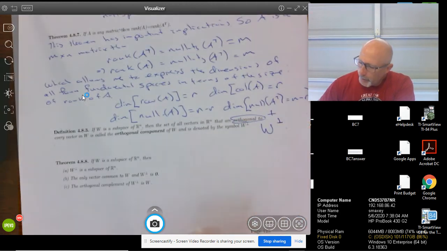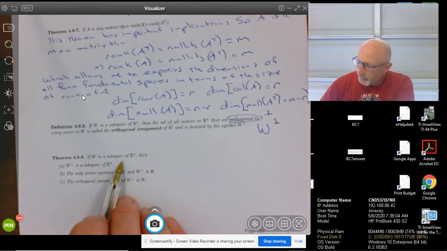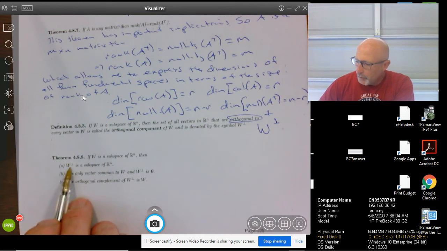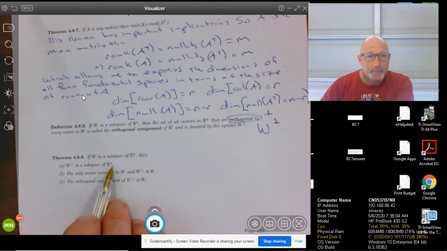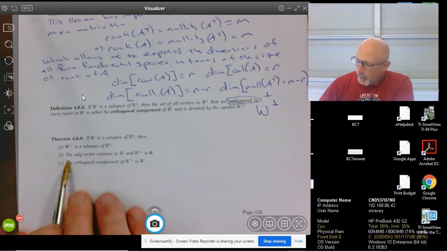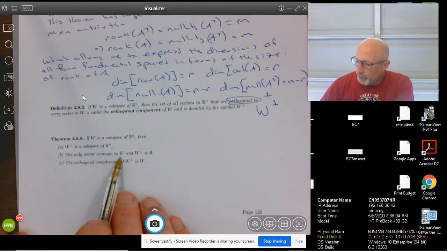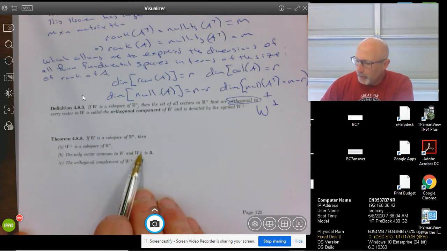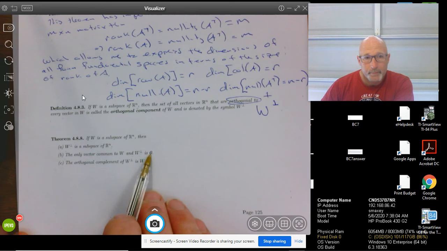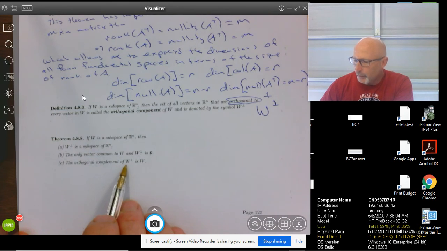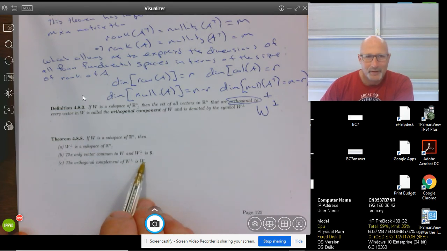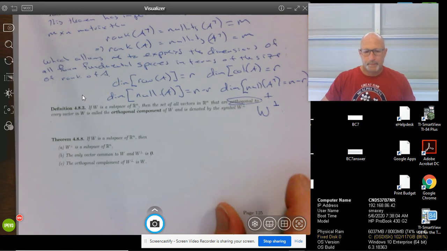Theorem 4.8.8: if W is a subspace of Rn, then A, the orthogonal complement of W is also a subspace of Rn. B, the only vector common to W and the orthogonal complement of W is 0. And C, the orthogonal complement of the orthogonal complement of W is W. They're orthogonal to each other.